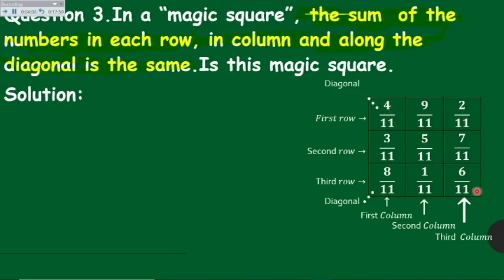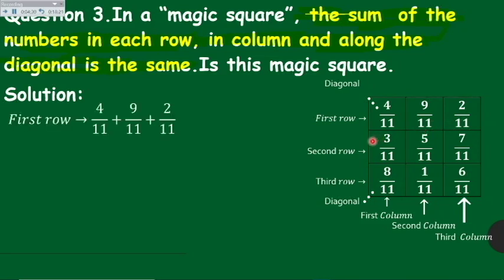We have two diagonals, first diagonal and this one is the second diagonal. Cross means diagonals, horizontal means rows, vertical means columns. I repeat, horizontal rows, vertical columns, and slant or cross is diagonals.